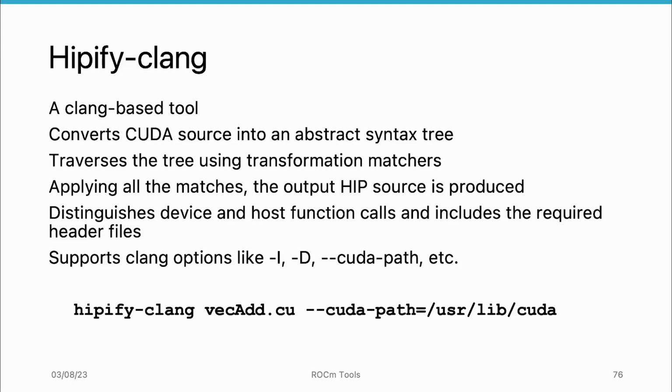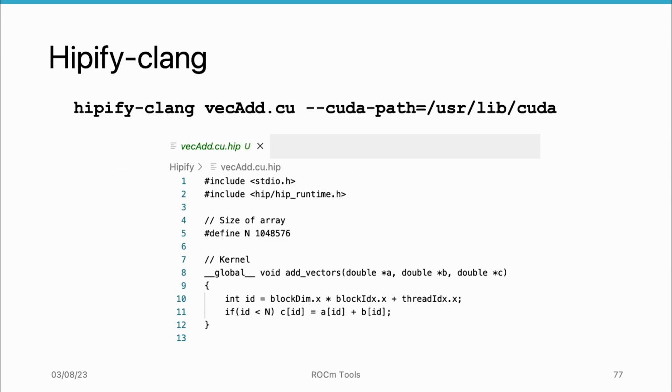Now we will see how we can use the hipify-clang tool to convert CUDA code to HIP code. The command hipify-clang vecadd.cu --cuda-path=/user/lib/cuda is used to convert a CUDA code file named vecadd.cu into a HIP code file named vecadd.cu.hip using the hipify-clang tool.